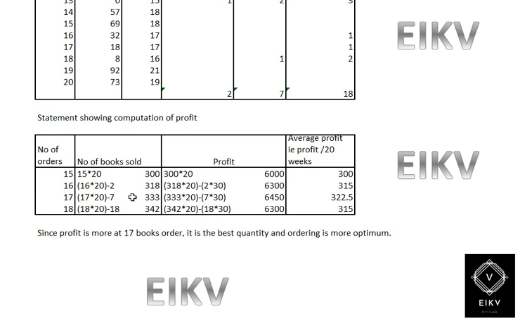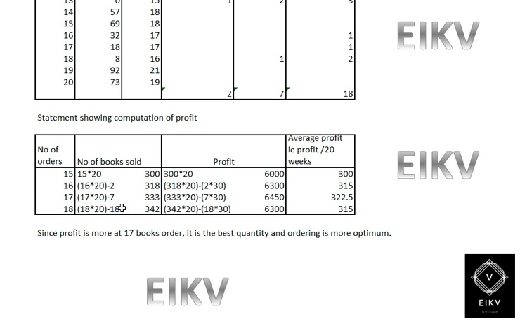Next one in 17 we have 7 unsold books, therefore 17 into 20 minus 7 will give you 333 books sold, therefore the profit will be 333 into 20 minus 7 into 30, 6450. For 6450 divided by 20 will give you 322.5.